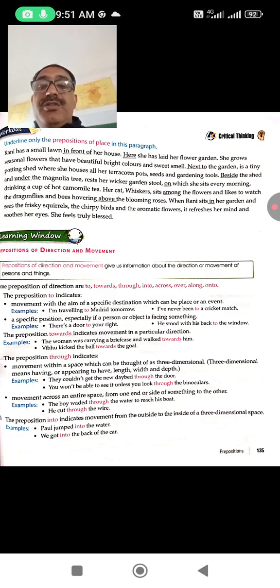The preposition through indicates movement within a space, which can be thought of as three-dimensional. Three-dimensional means having length, width and depth. For example, they couldn't get the new day bed through the door. Here through is used as a preposition.